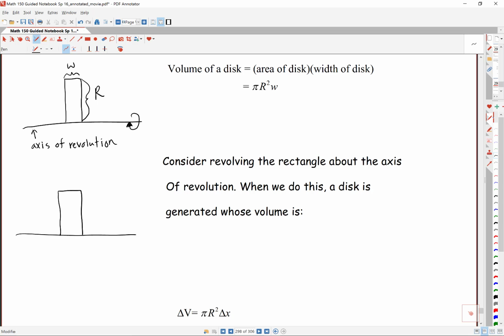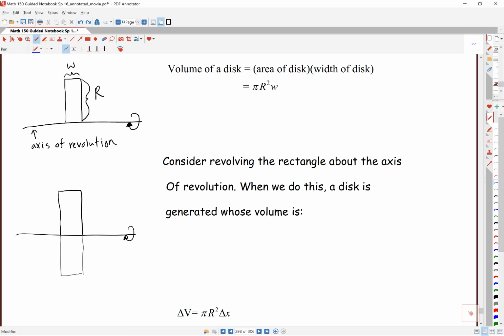And remember, we were revolving about this axis here. So you'll get this little shadow rectangle that's going to reflect across that axis. You just need to visualize what happens as you flip that thing about, like a gymnast on the bars. You're flipping this across the axis, and it rotates, and you end up with a circular cross section, right?